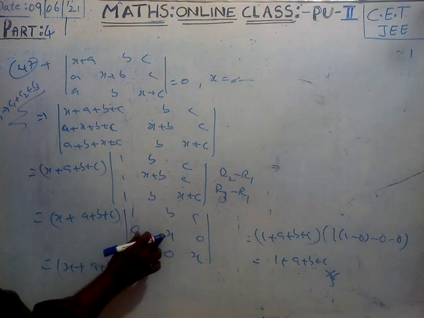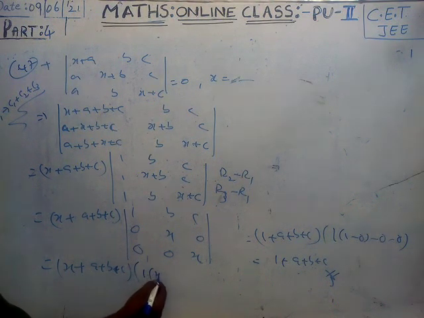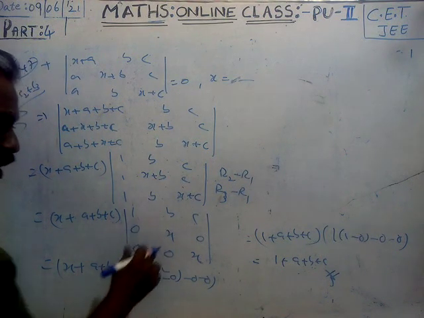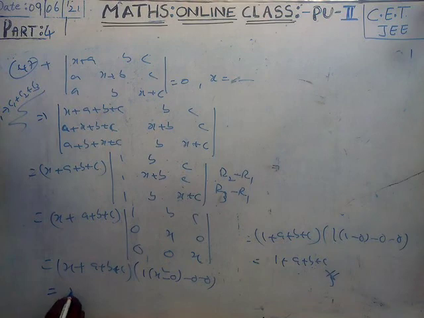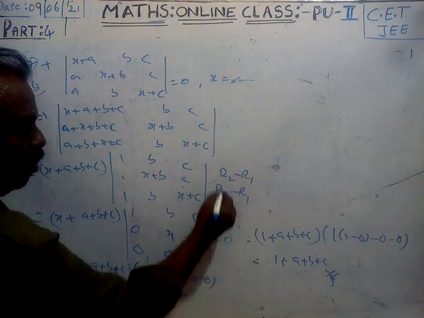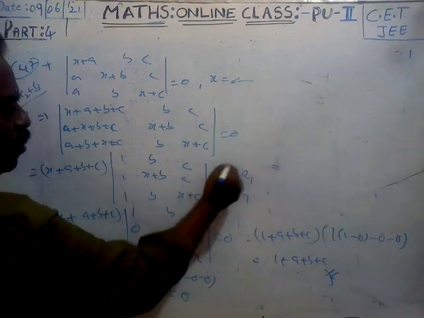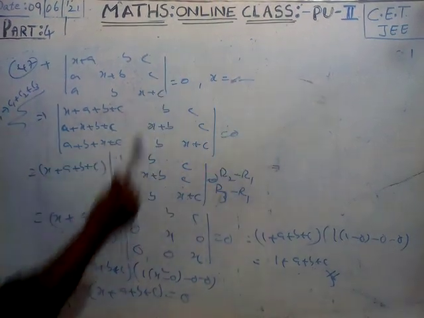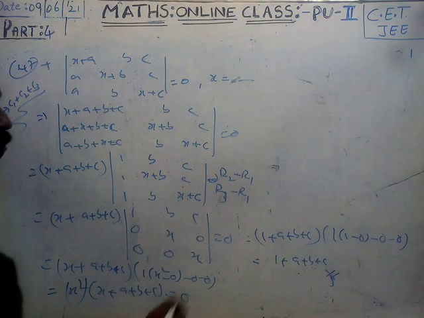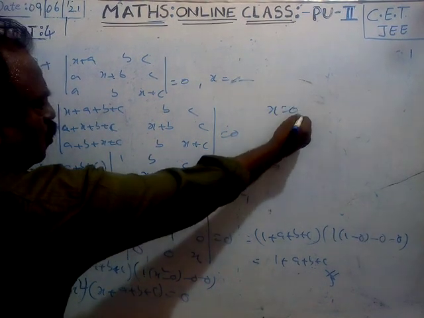It is 1 into x, x square, minus 0, minus 0, minus 0. You calculate it. So it is x square of x plus a plus b plus c is equal to 0. Everywhere 0 is there. That means here the product of two factors is 0. x square is 0 means x is equal to 0. So x is equal to 0.